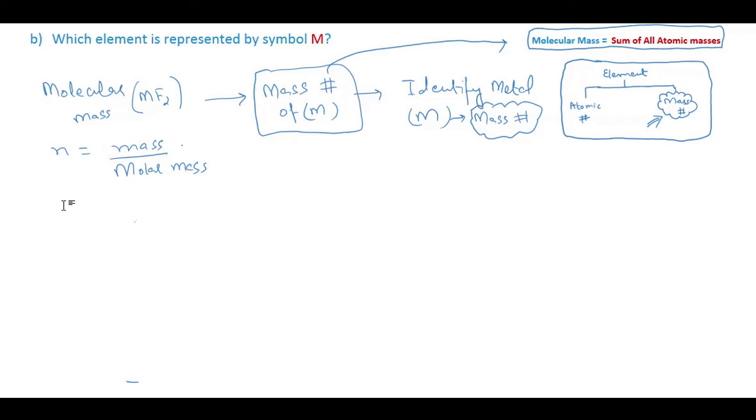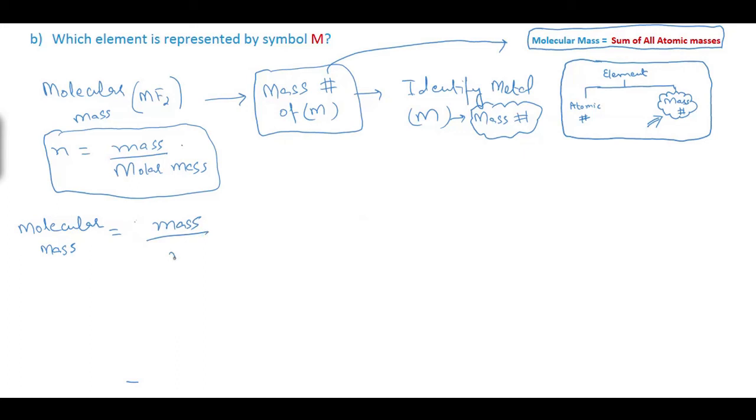The first part is the molecular mass of the compound MF2. For this purpose, I need to rearrange this formula, that is moles are equal to mass over molar mass, because I want to determine the molecular mass. This molar mass can also be termed here the molecular mass. So molecular mass will be equal to the mass of the substance divided by the number of moles.